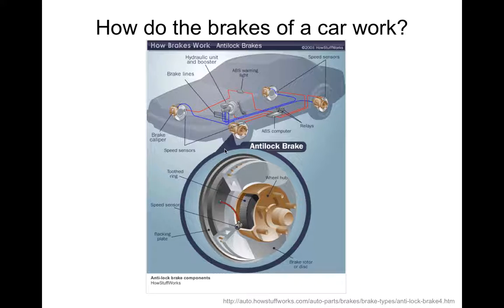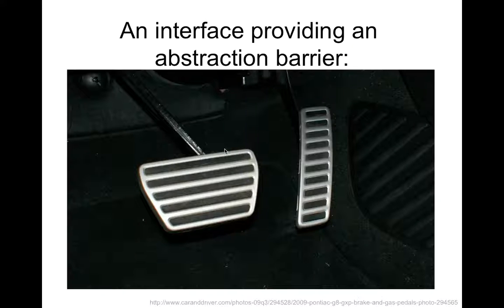Now that has evolved over the years, so they got power brakes, power assisted brakes, anti-lock brakes, which are much more sophisticated, but the interface to that function, the way that you access it, is still the same. You still push on the brake in your car to slow it down. So another reason that we use functions is that it allows us to improve something under the hood or extend it without having to change the calling program. It provides an abstraction barrier.